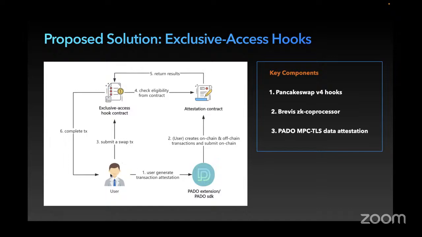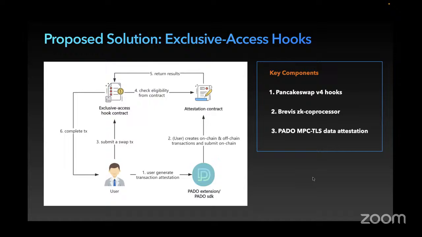Then if he wants to do some DeFi operation like swapping or adding liquidity, all the checking logic will be processed at the backend, and the user will be directed to a yes case if he has passed the verification and can do his operation, or no if he doesn't have enough attestation on chain. So this is the whole picture of the solution we provide.